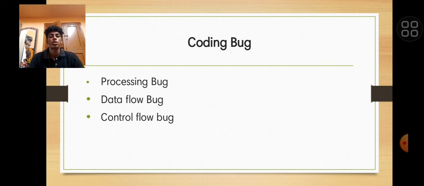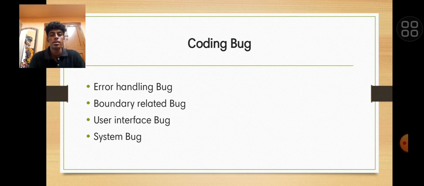The next one is the control flow bug: if I miss the control during the execution process, or miss a control statement, it is called a control flow bug.